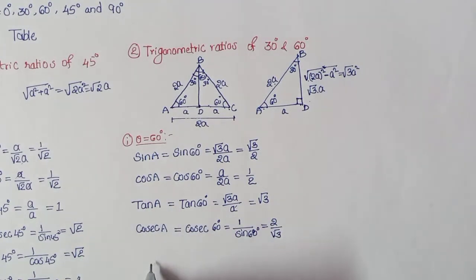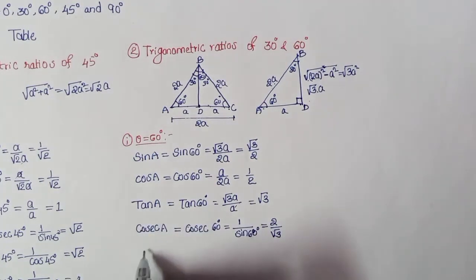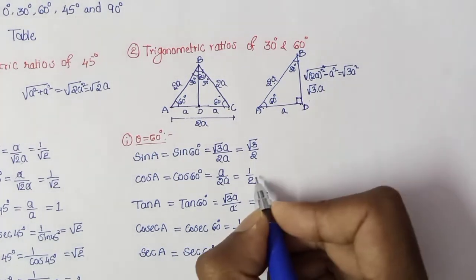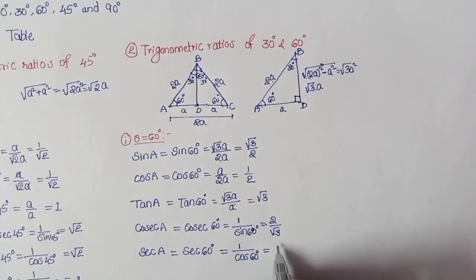And next, reverse of cos is sec. Sec A is equal to sec 60 degrees, which is equal to 1 by cos 60 degrees, reverse of 1 by 2 is 2 by 1, that is 2.